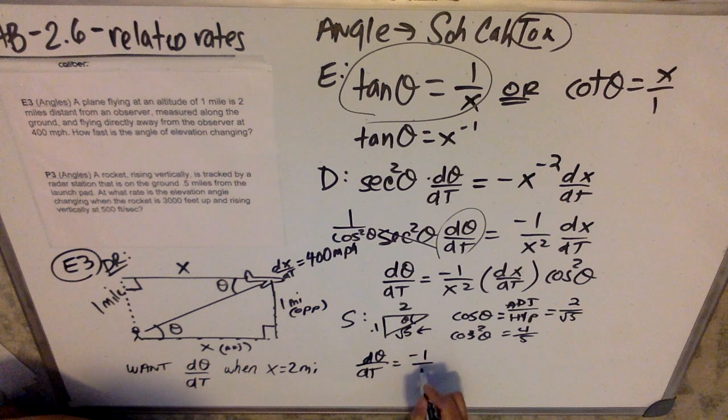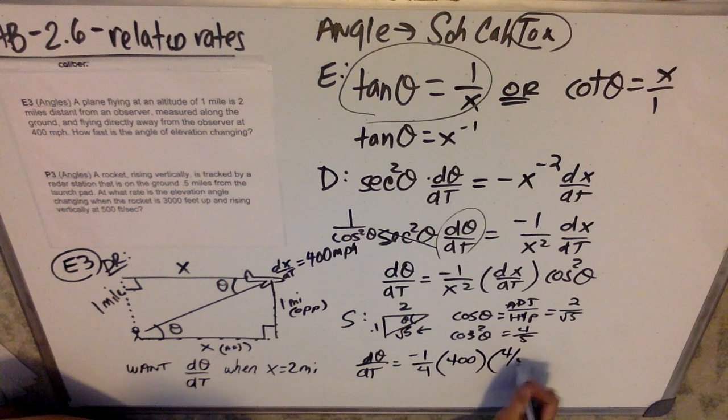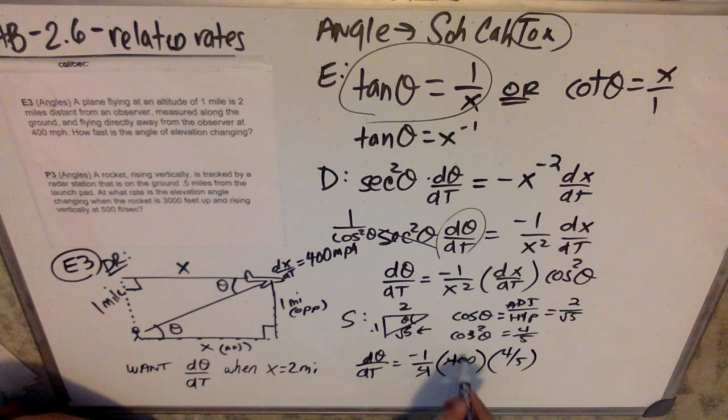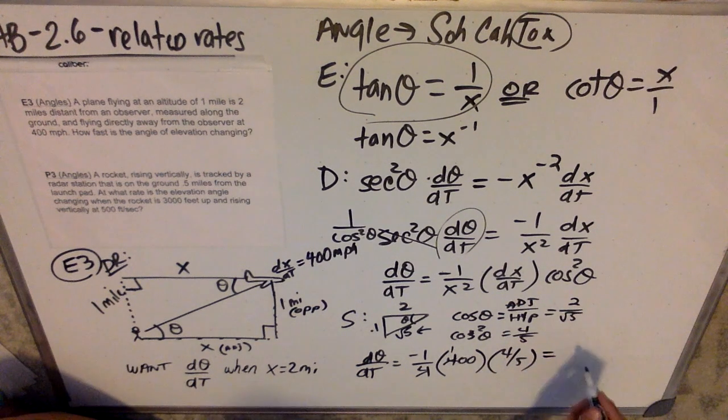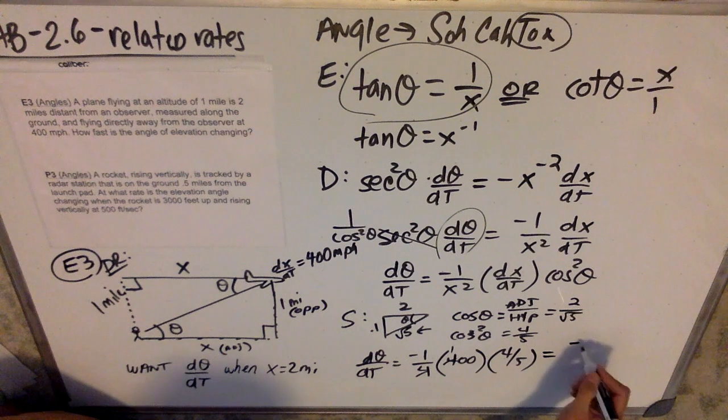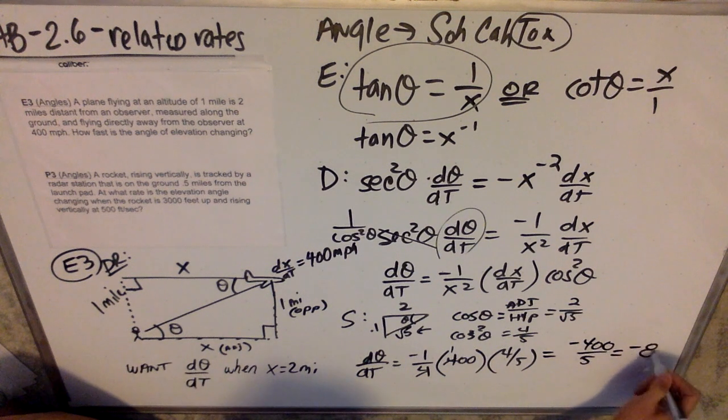So negative 1 over 4. dx dt was the 400 miles, right? And then times a 4 over 5. So I can cancel the 4 with the 400 and just get a 100, or the 4 over here, which is probably easier. Either way, I end up with a negative 400 over 5, which would be a negative 80, right?